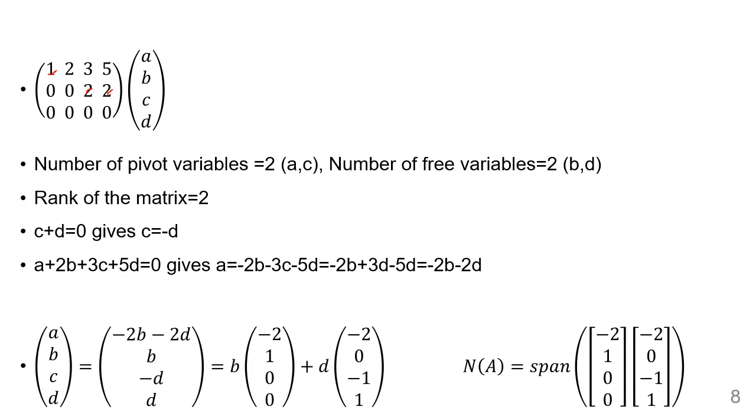So the null space of A is defined as the span of these two vectors, that is minus 2, 1, 0, 0 and minus 2, 0, minus 1, 1. These two vectors form the basis for null space, and the column space corresponds to the pivotal elements. Whatever we have in the original matrix, they become the column space.